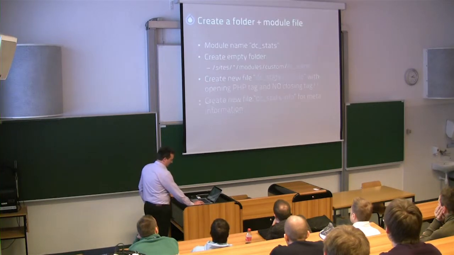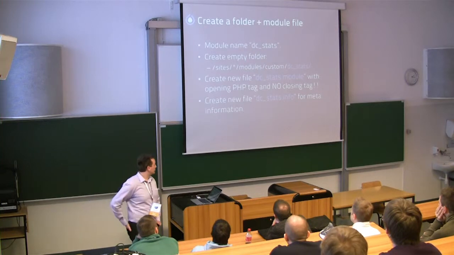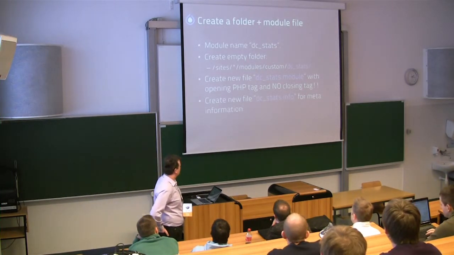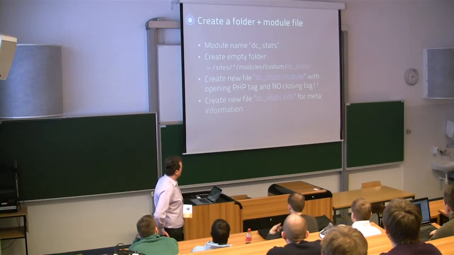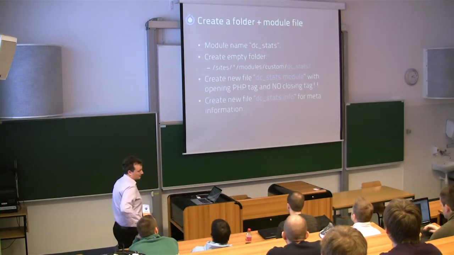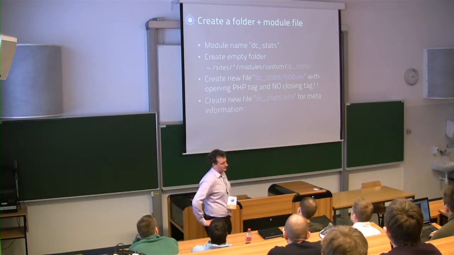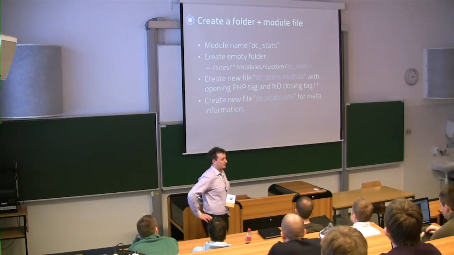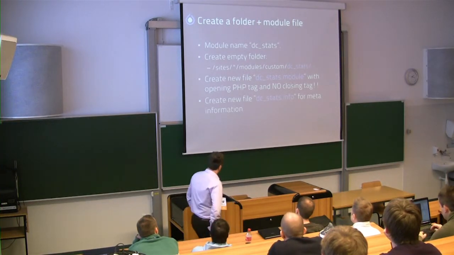So now that we have a name, you can create an empty folder inside this path, modules/custom. This folder is now called this_is_stat. Inside this folder, it's necessary to create two files, and each file needs to have the same name as the folder, so your short name.